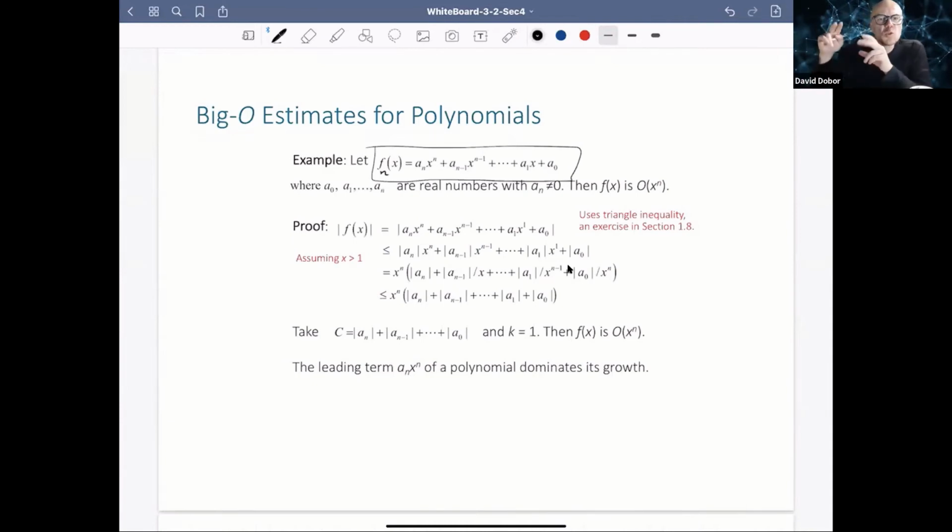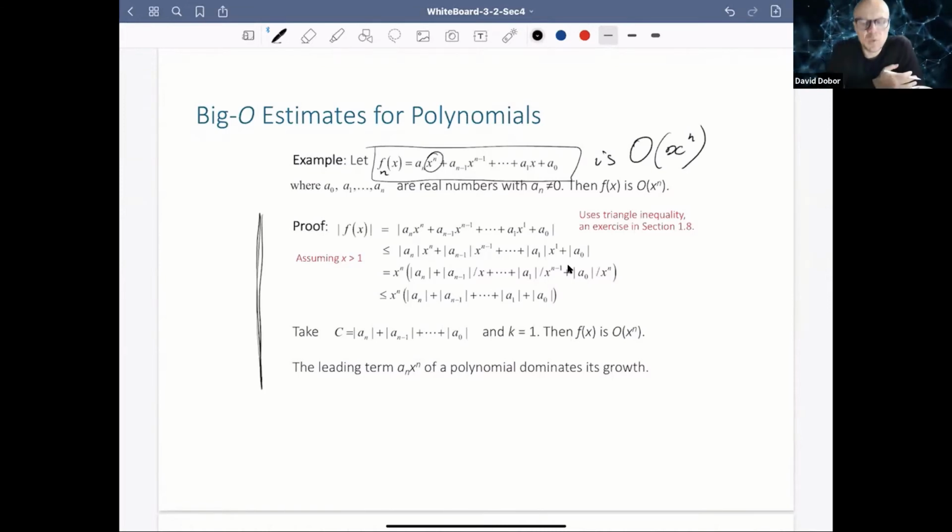A very loose way of putting this: this is big O of the largest power, big O of x to the n. Can somebody help me out? What is this argument all about?